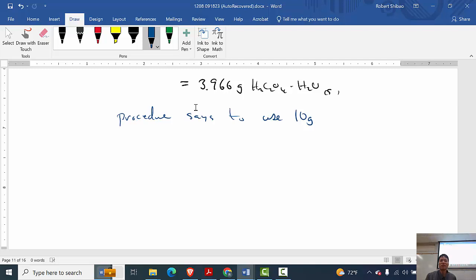The procedure says to use 10 grams, which seems way excessive, but it's not. And the reason is because we need additional H+, which we can get from oxalic acid if we add extra.